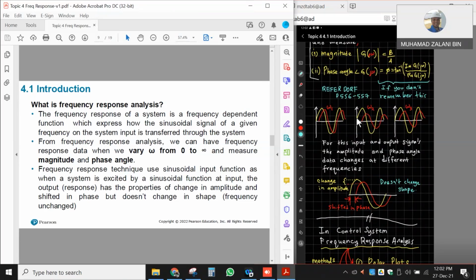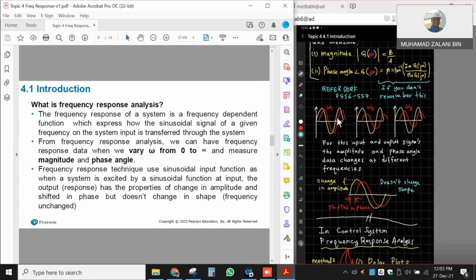Both magnitude and phase angle have been changed in this system at another frequency of omega 2. Similarly, for another frequency of omega 3, if we excite this system using the yellow sinusoidal signal, you will see at the output, which is the response of the system, another sinusoidal waveform, but different in terms of magnitude and phase angle.